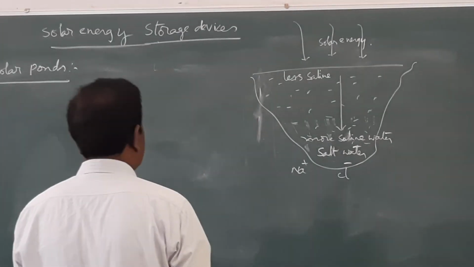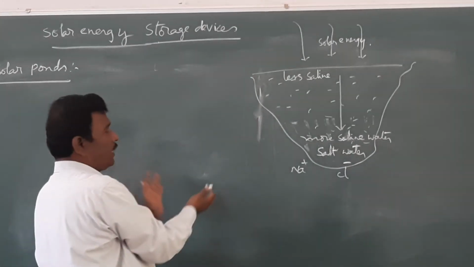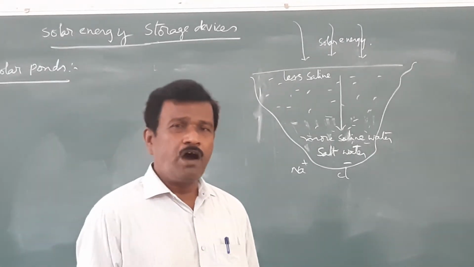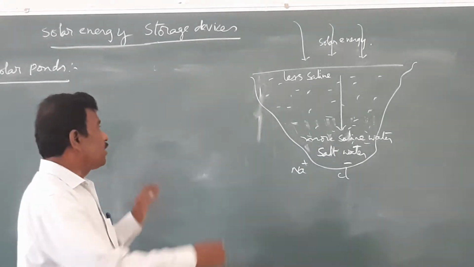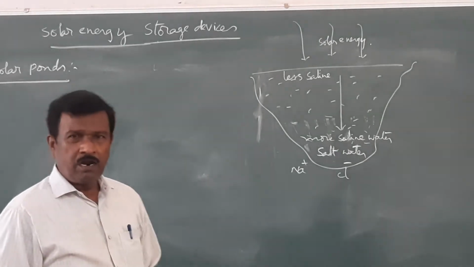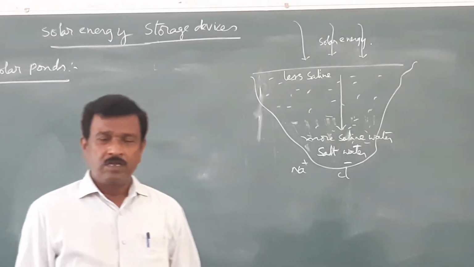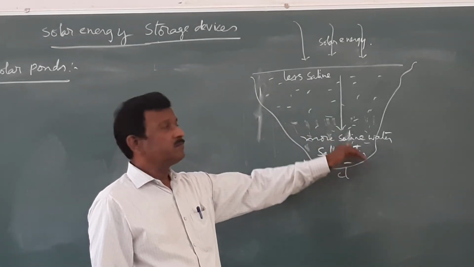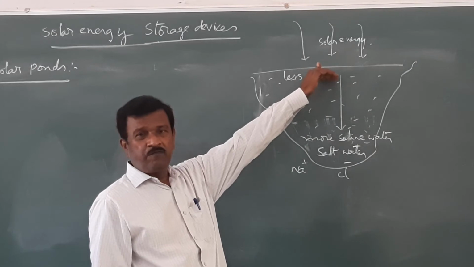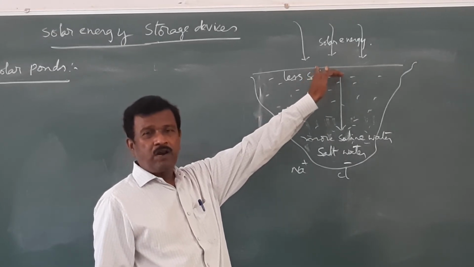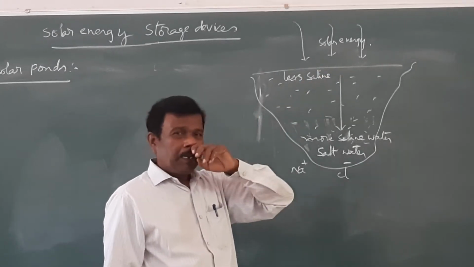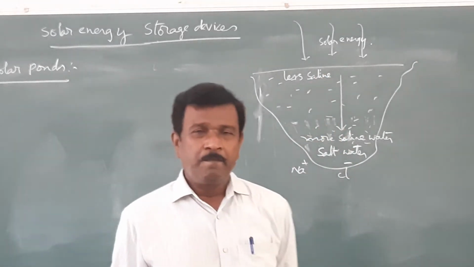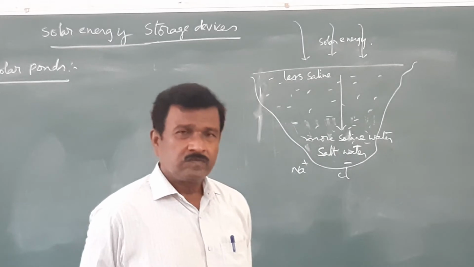Once again I repeat, a solar pond is nothing but a pond that consists of salt water or saline water. The concentration of salt is more at the bottom and less at the surface. Therefore, there is a gradient change in the salinity of water present in the ponds.